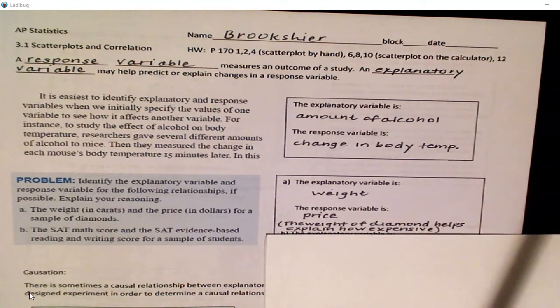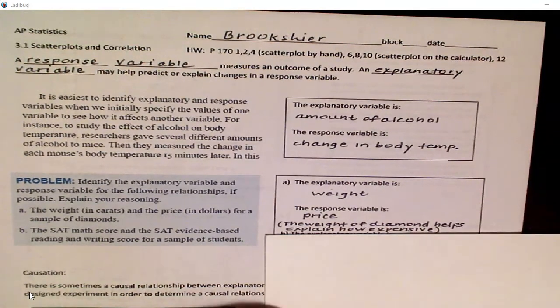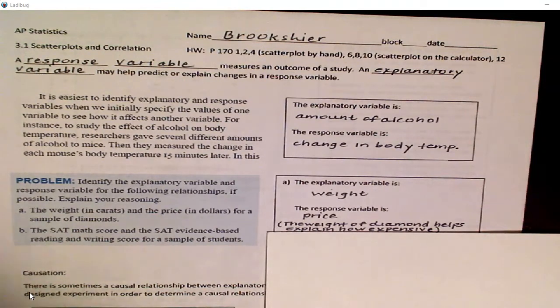The weight of a diamond helps explain how expensive it is. If you go and look at diamonds and you're going to purchase one, obviously the weight or the size, other things also are involved, but if you're just talking about weight and price, the more carats of a diamond, the more expensive.